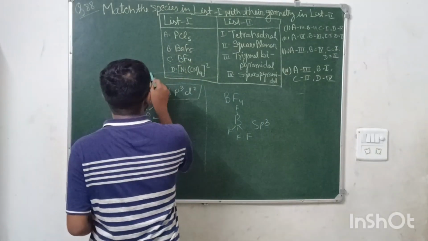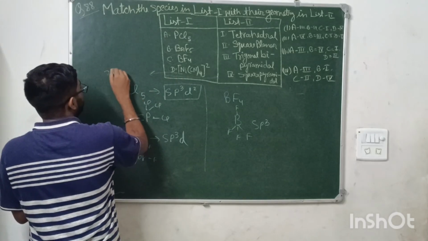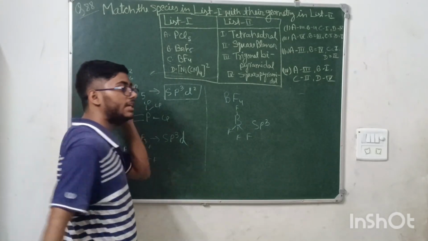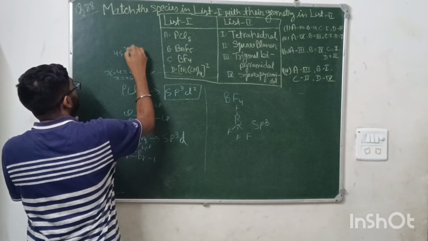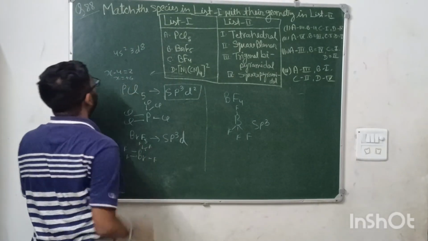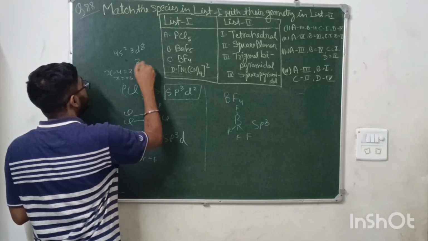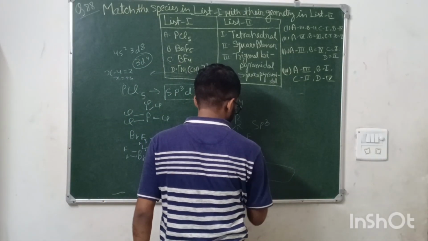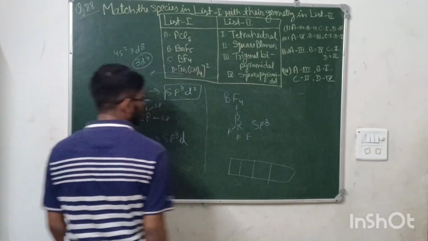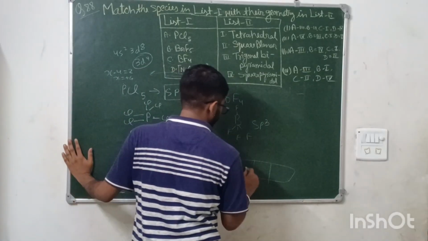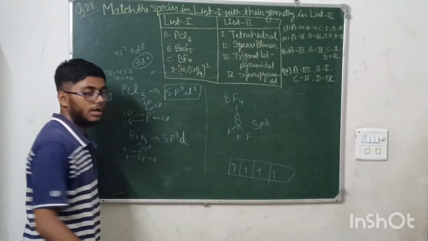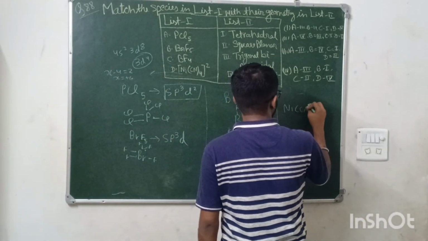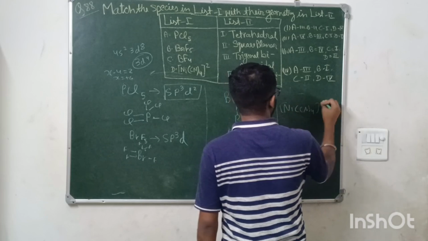Okay, now Ni(CN)4. If you take out the charge on Ni, so it is what? X minus 4 equals 2, means X is plus 6. Now configuration of Ni is argon 18, 4s2, 3d8. So 2 from here and 4 from here means 3d4, so d orbital. 3d4 means 1 2 3 4, 4 unpaired electrons means the shape of Ni(CN)4 whole twice.